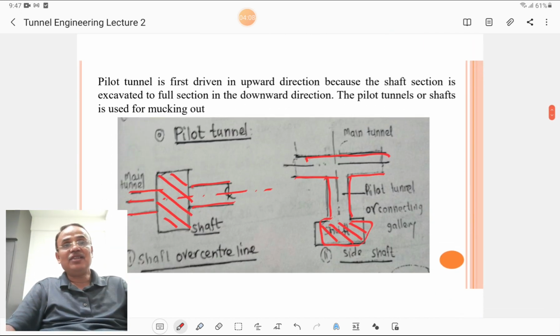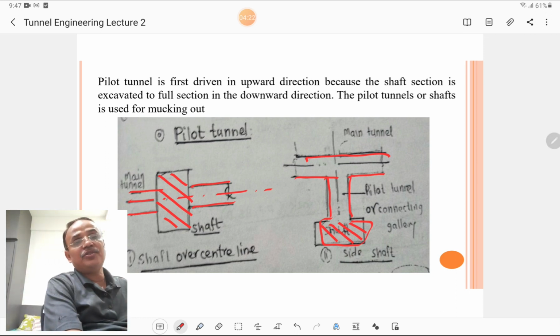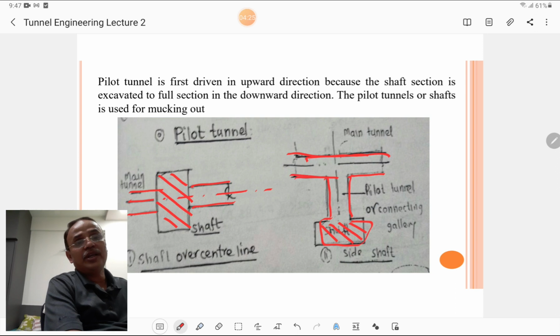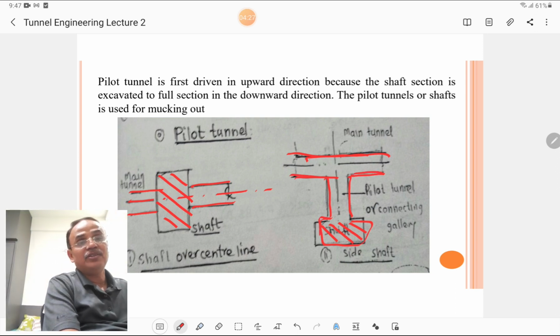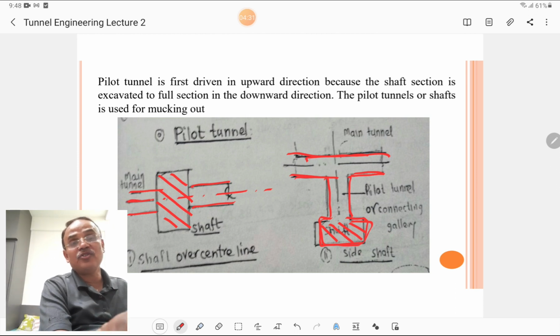Then pilot tunnels. Pilot tunnel is first driven in upward direction because the shaft section is excavated to full section in downward direction. The pilot tunnel or shaft is used for mucking out. Please look at this figure. This is the main tunnel. And this is the shaft, which is also termed a side shaft because it is not located on the center line.